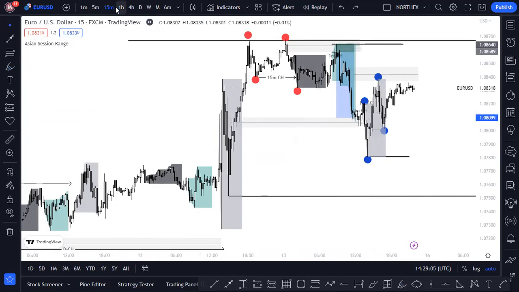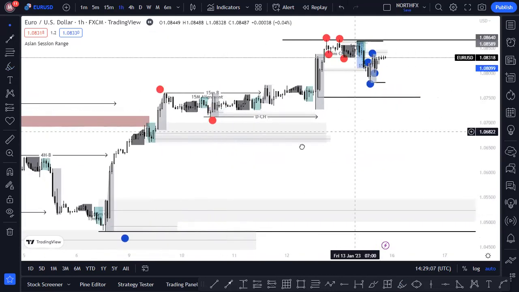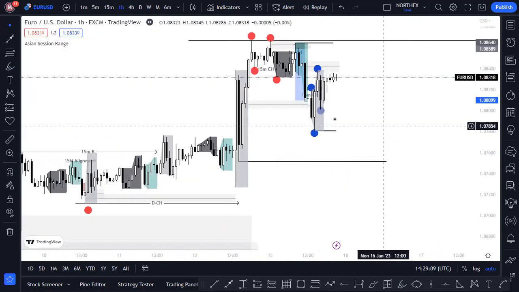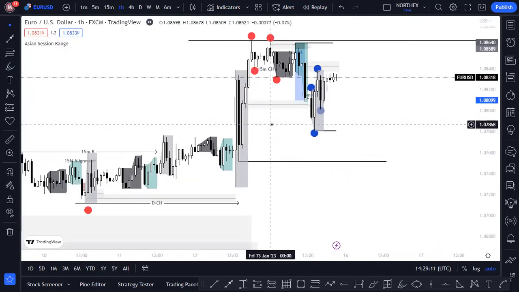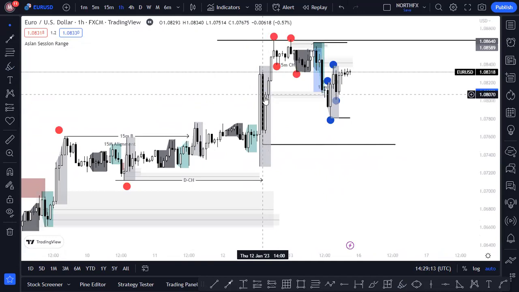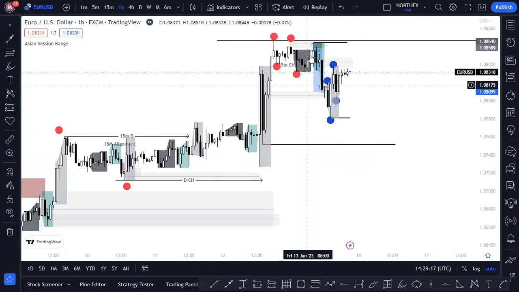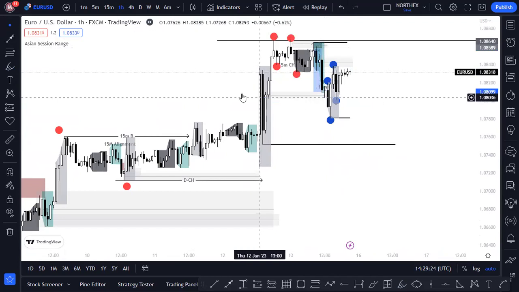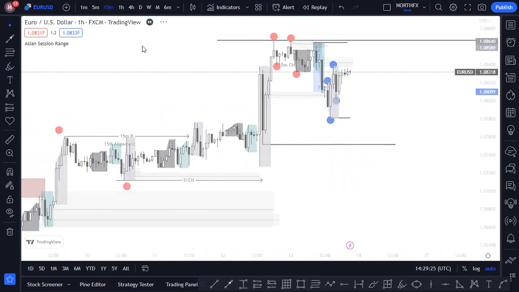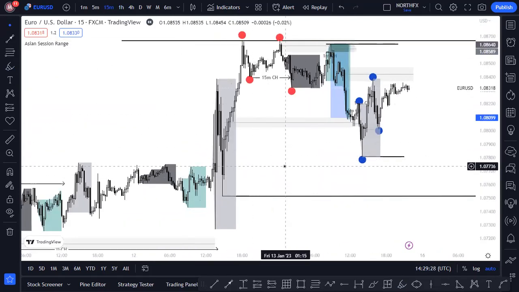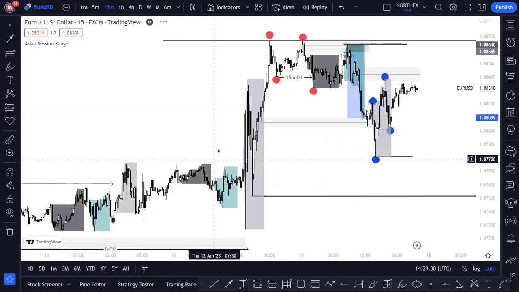If we go to the 1 hour where I took my profits, you can see that we have this kind of base range right here. But this is not actually too clean, right? But I used it to tally with my structure right here, and that made me take my profit at this zone. So right now, like I say, this price action is messy and not so clean.